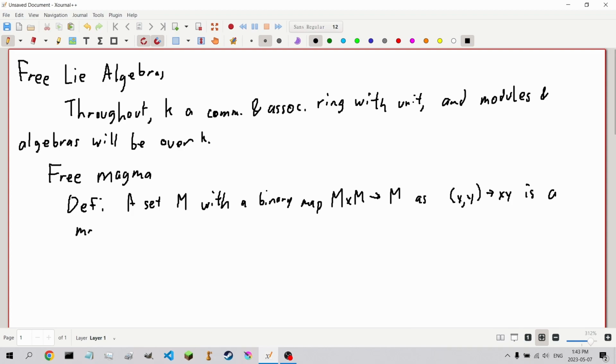And that's it. There's no structure of any kind on this product, other than closure. Closure is the only assumption. You take two things from the set, you get another thing from the set. That's a magma.